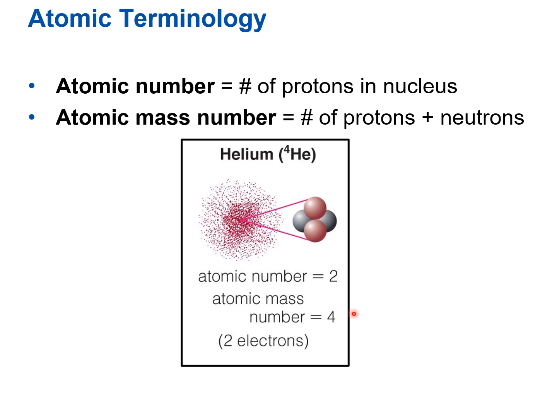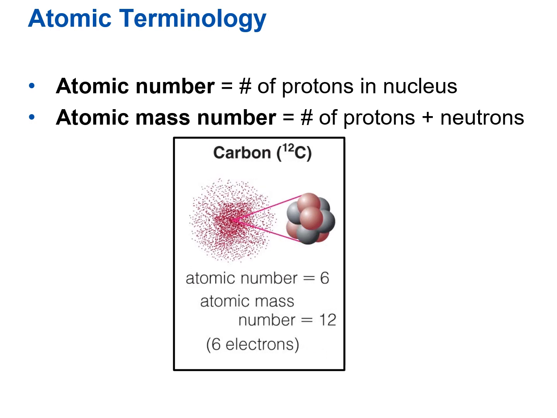In this particular case, it has 2 neutrons, as you can see in the picture. So 2 protons plus 2 neutrons gives an atomic mass number of 4, and so we call it helium-4. By the way, it also has 2 electrons. Usually, not always, but usually the number of electrons is the same as the number of protons, and I'll talk about that later.